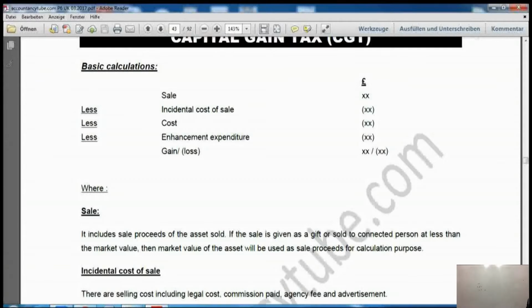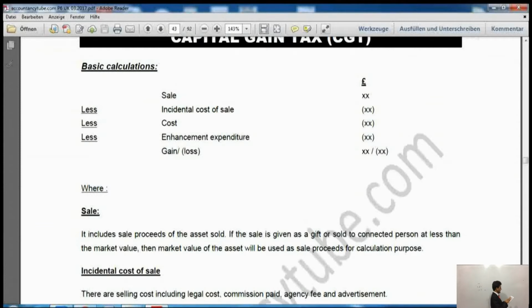Here you go. I have already shared the screen with you. That is our capital gains tax on page 43. And it says above that there are a few chapters involved: chapter 11, 12, 13, 14 and 21. So this is our capital gains tax. First of all, we have to take sales, then incidental cost of sale. This is commission fee or agent fee.